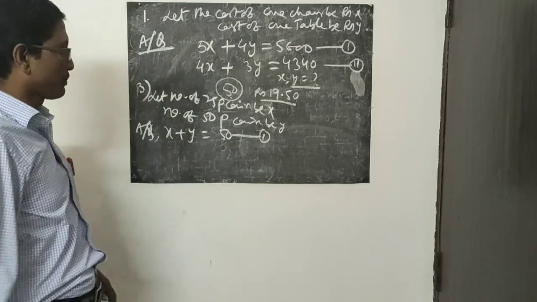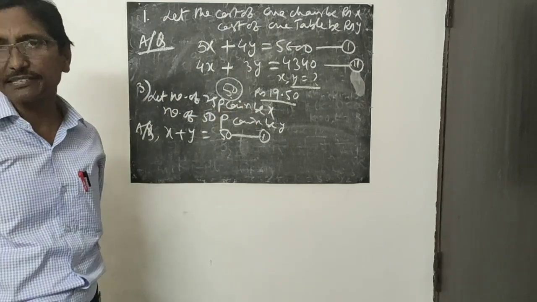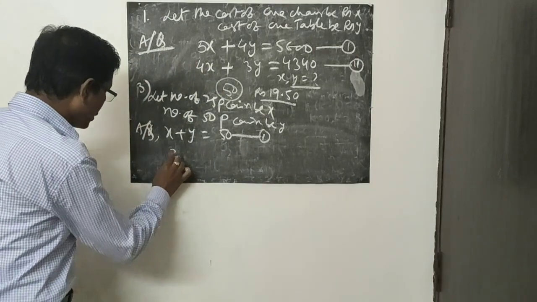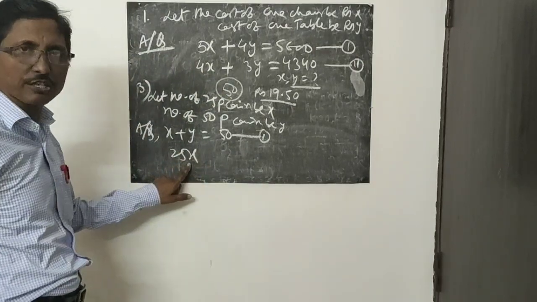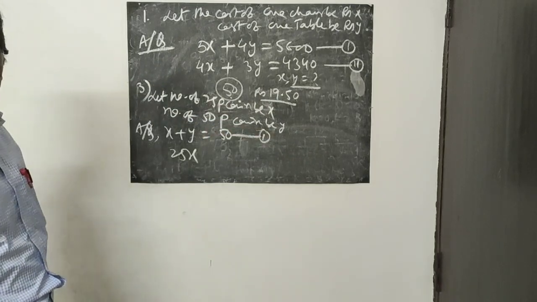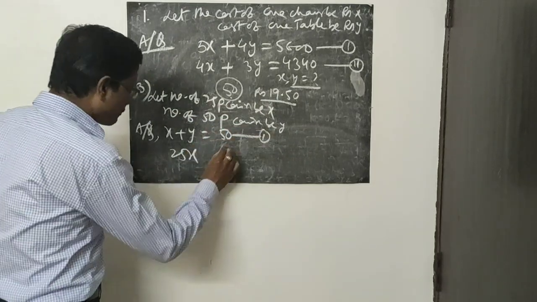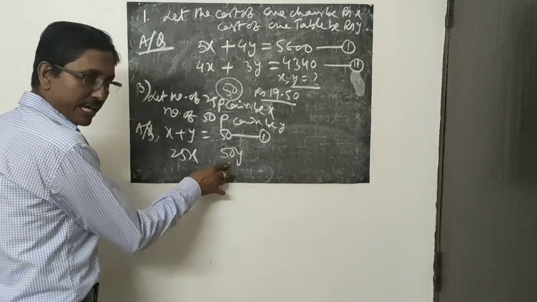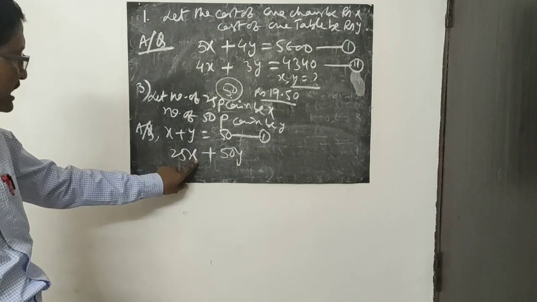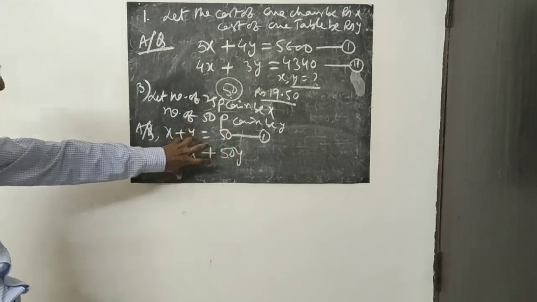So how can you get it? You are having x 25 paise coins. So what will be the value of x coins of 25 paise? 25x, but remember that is 25x paise. Y coins of 50 paise, their total value is 50y, that is also paise. So the total becomes 25x plus 50y, but that is in paise.